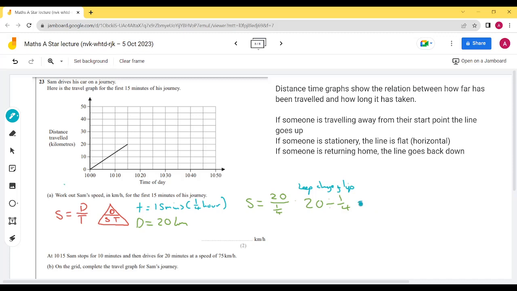And so it's the same as saying it equals 20 times 4, which gives us 80 kilometers per hour, which you can write in here.